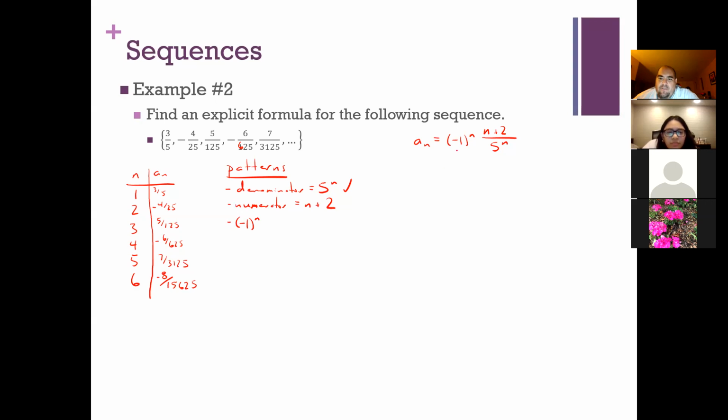So we know it alternates, but we need to make sure that the right terms have the right signs. So in this case, our first term needs to be positive. So we'll just offset our alternating term by 1 index, and this one should be perfect.